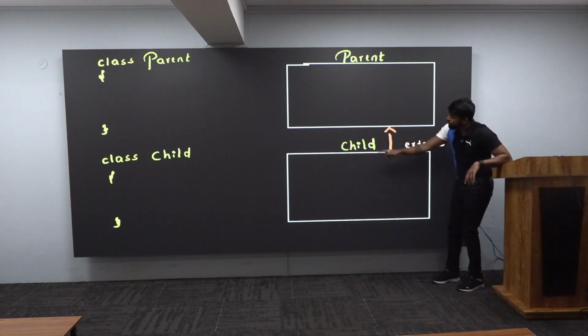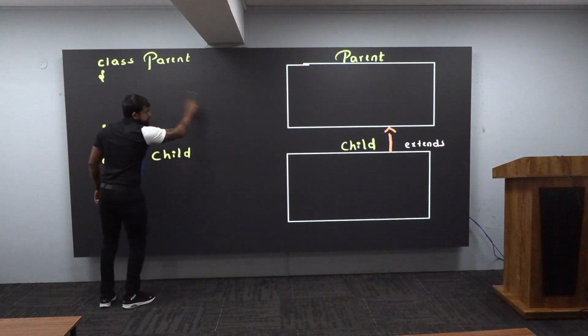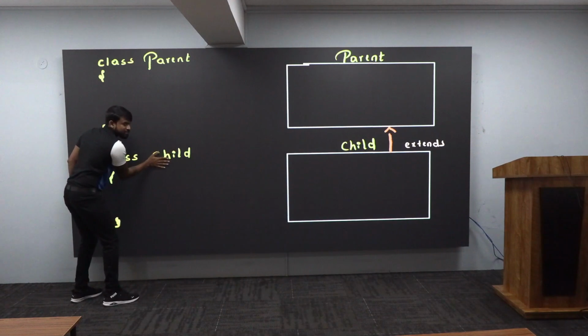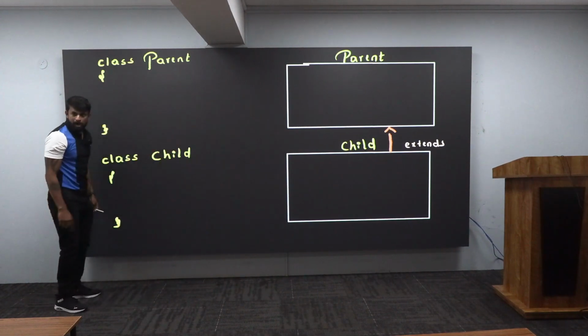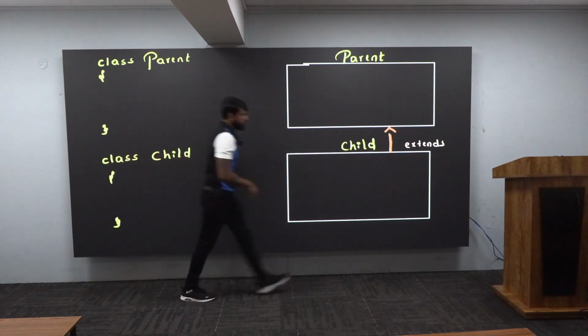The same way I want to put it in my program also now. How is that, sir? This is parent, parent I have created. That is child, child I have created. But that arrow mark also I should create in my program. How will I create it, sir? What is child doing? He is extending the parent. The same thing you should tell it.